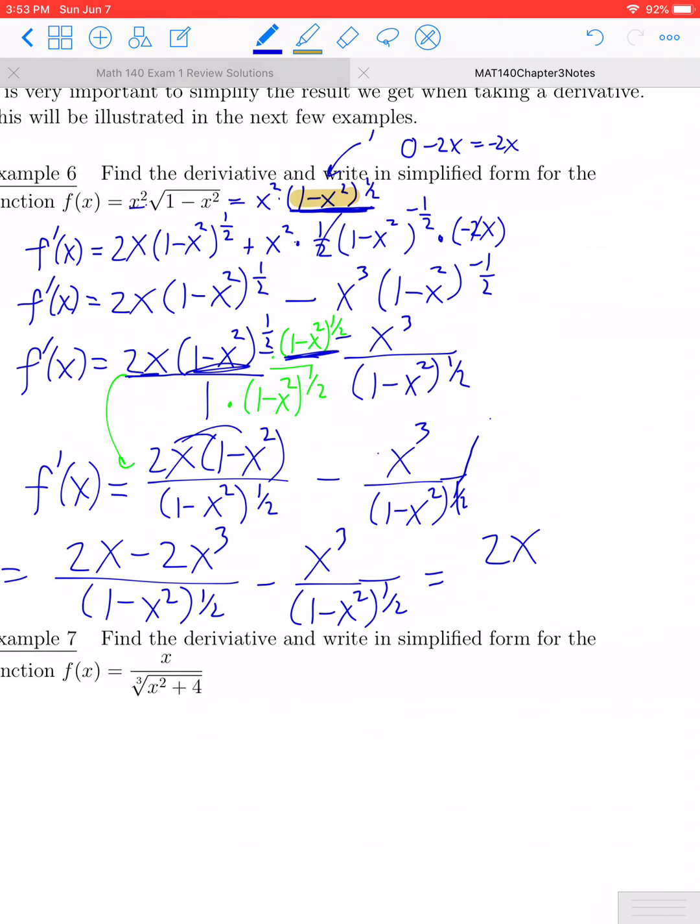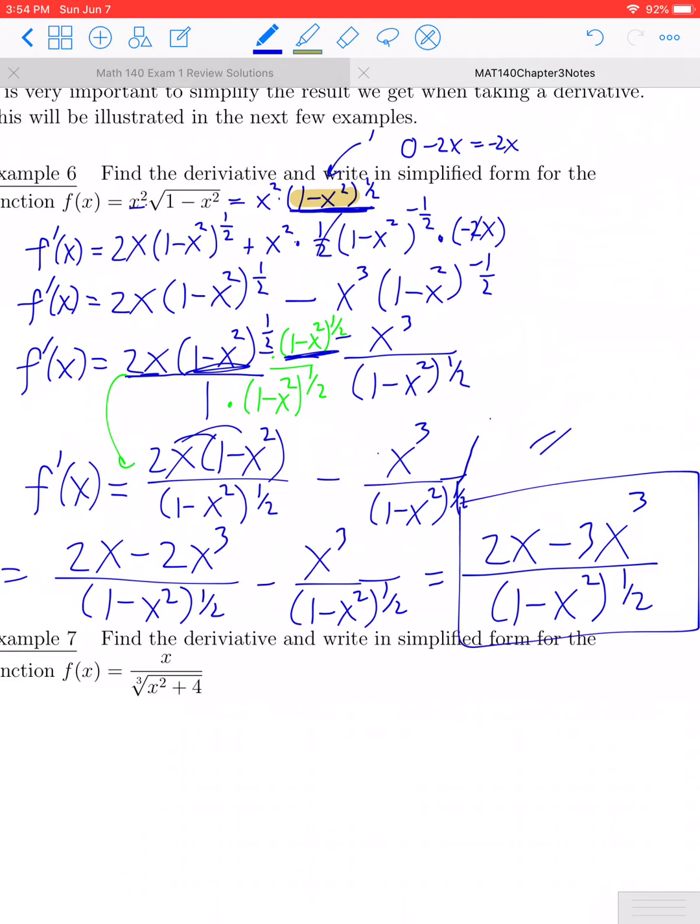We have 2x, and then a negative 2x cubed minus x cubed will give us negative 3x cubed, all divided by 1 minus x squared to the 1/2 power. And now this would be our simplified form for our derivative.